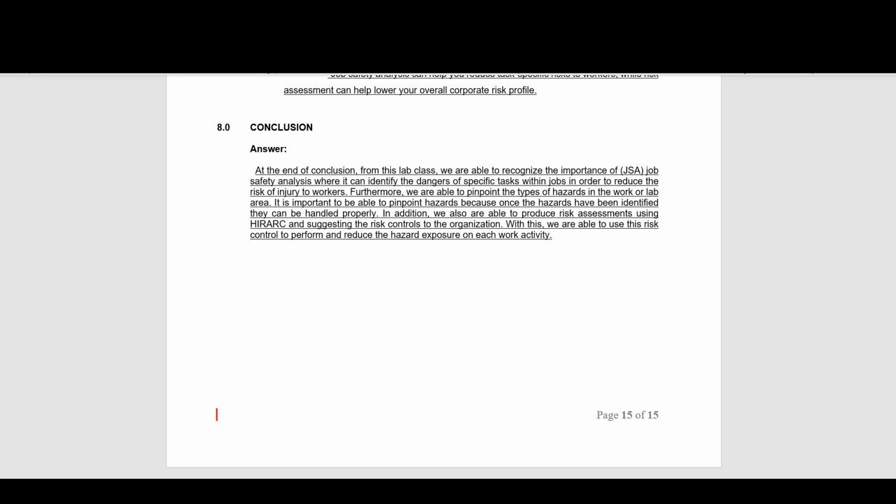It is important to be able to pinpoint hazards because once the hazards have been identified, they can be handled properly. In addition, we are also able to produce risk assessment using HIRARC and suggest the risk control to the organization. With this, we are able to use this risk control to reduce the hazard exposure on each work activity.